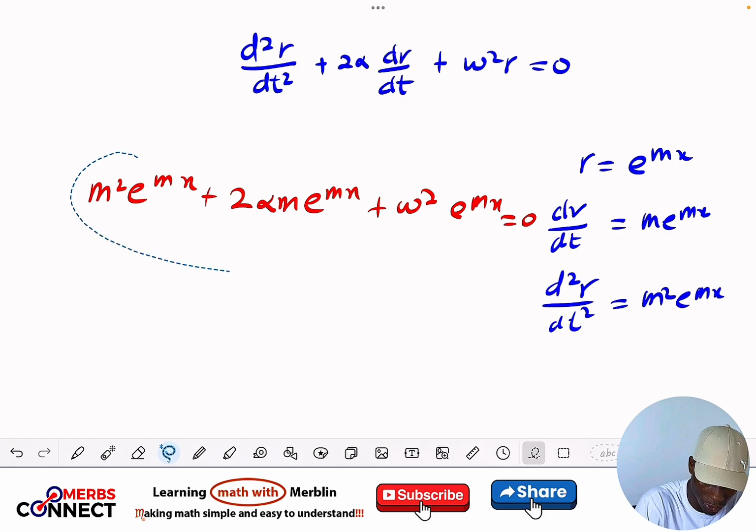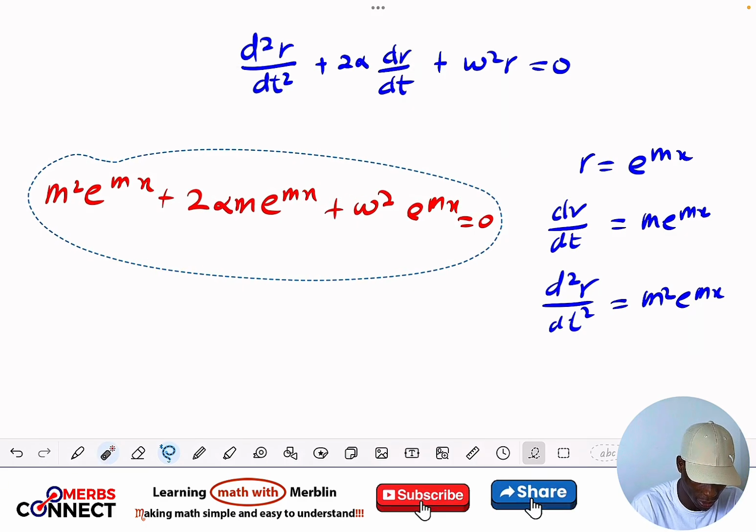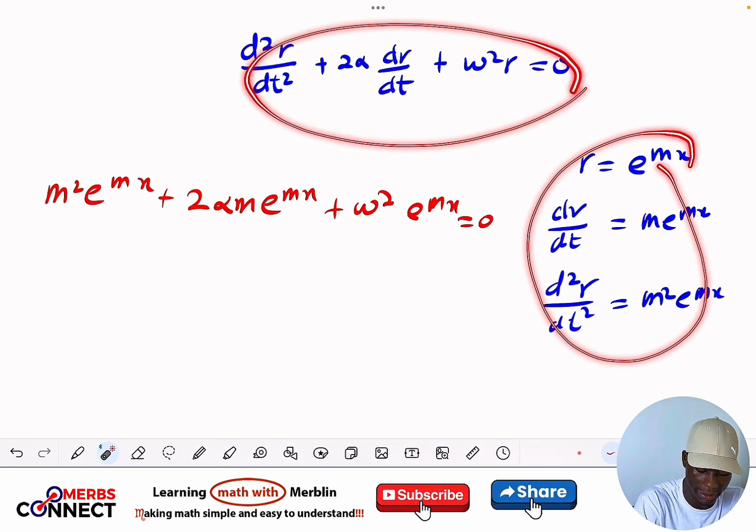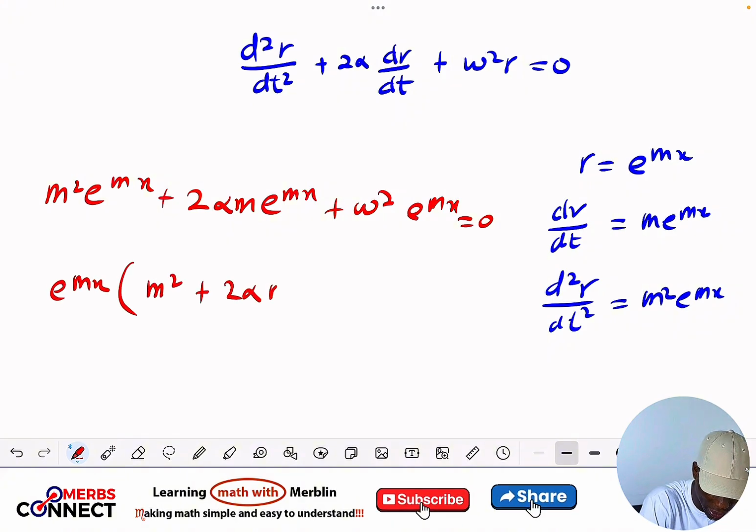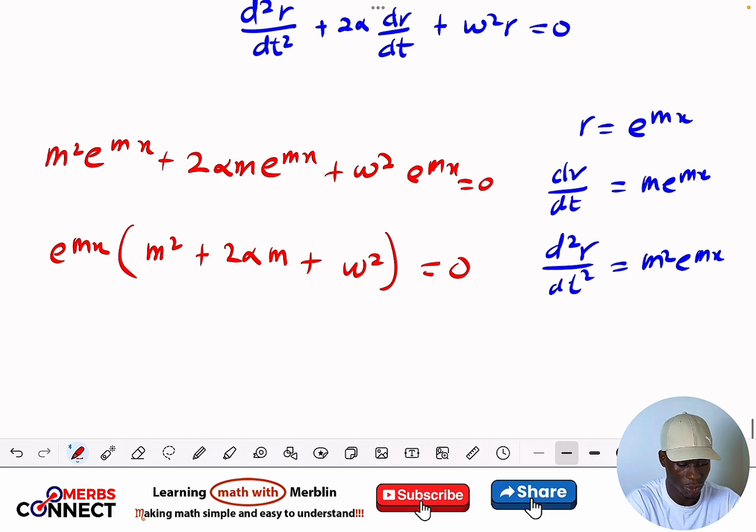So this is what we are going to get after the substitution. Let us factor e to the power mx out. So m squared plus 2 alpha m plus omega squared is equal to 0.